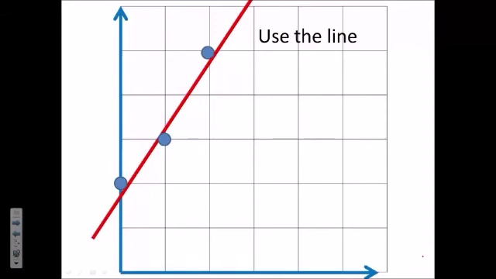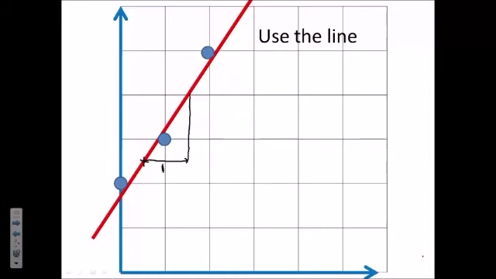So maybe we'll pick this point right here. We'll pick that point and we'll go one box in the x direction, which will bring us to the middle of this box right there. That's 1.